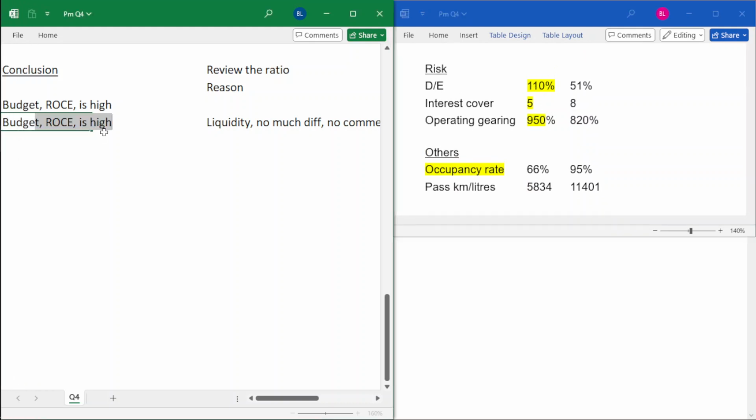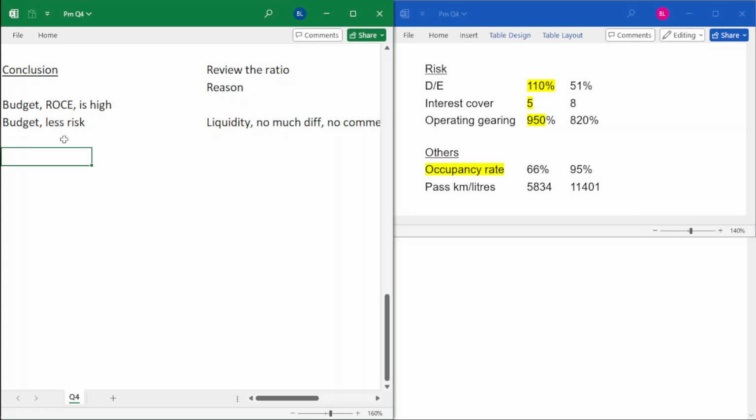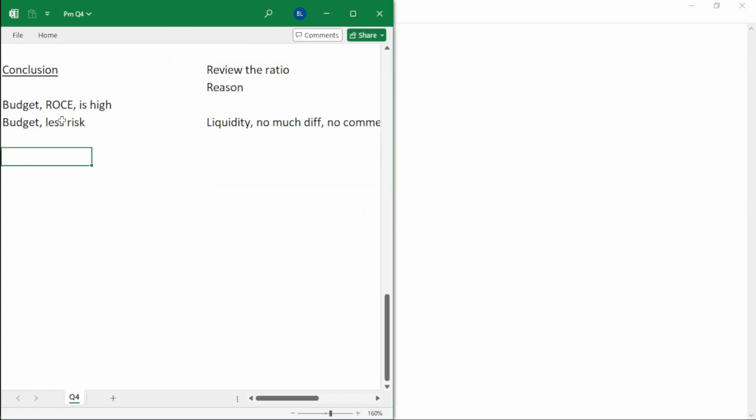Flagco is more risky, so Budgetco is less risky. So ROCE is high, so is profitability.